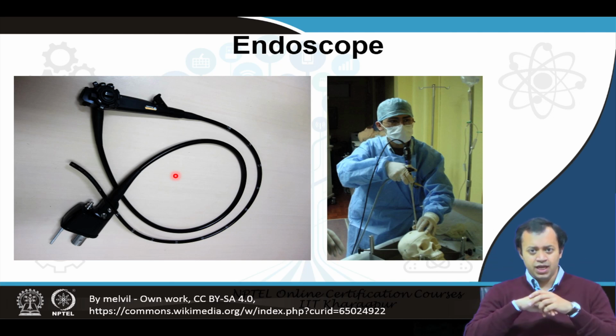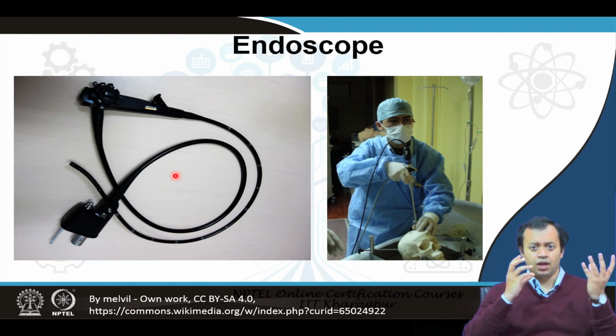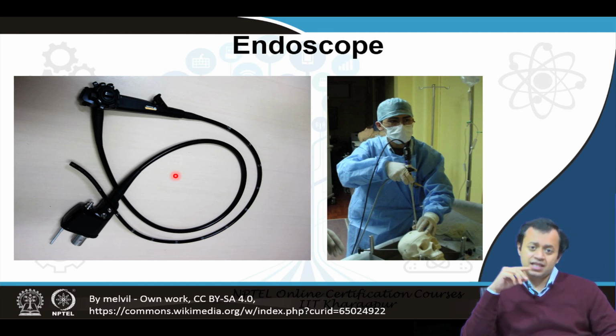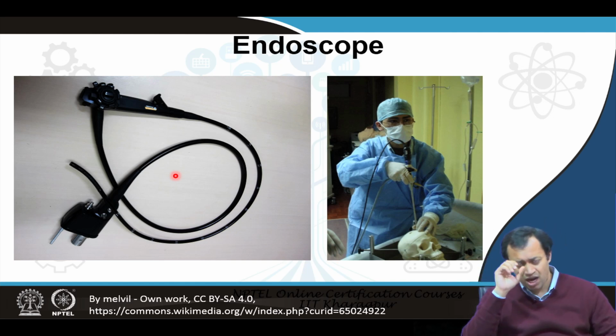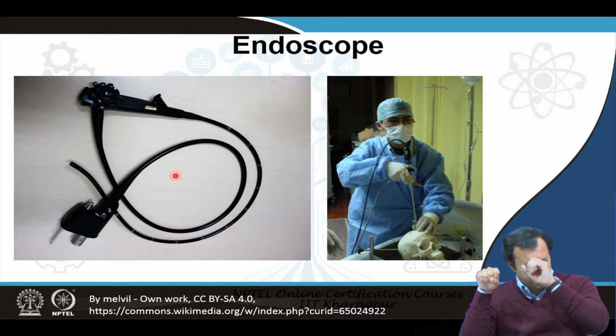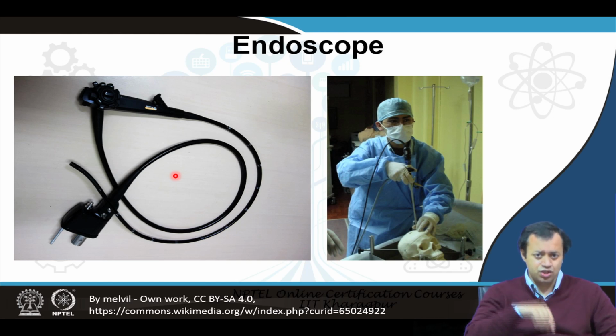The tube contains an objective lens at the very end. At the other end, the older ones had relay lenses, and you have an eyepiece by which you are sending light, and from the eyepiece you are able to see what is going on.